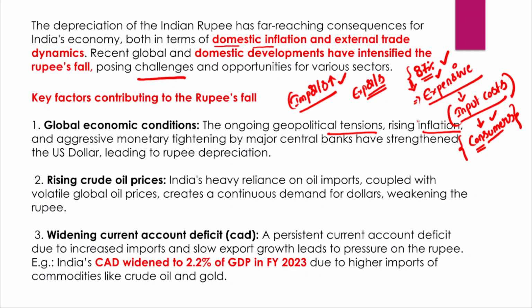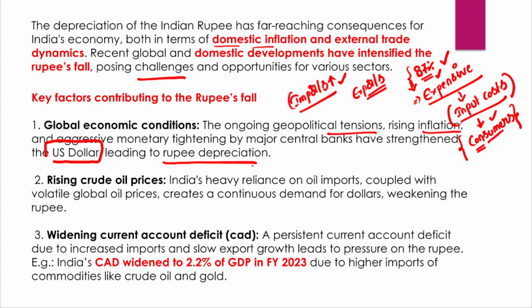And apart from that, we could also see aggressive monetary policies from major central banks of other countries, and those aggressive monetary policy stances also further strengthened the US dollar, and that has been leading to the continuous depreciation of the Indian rupee.